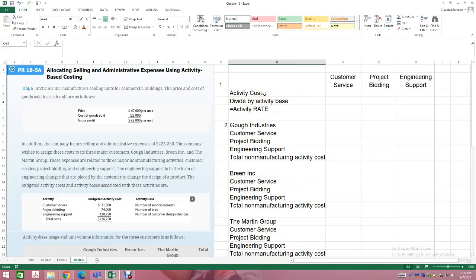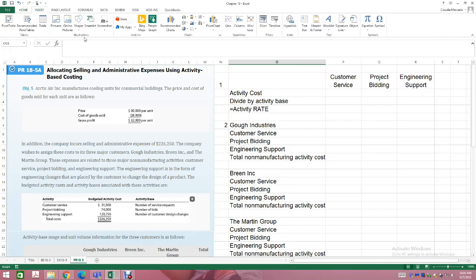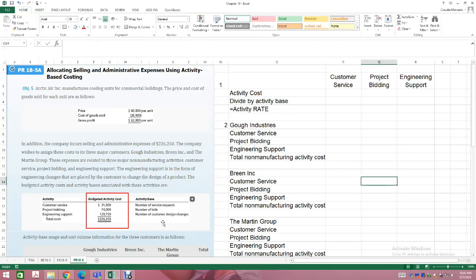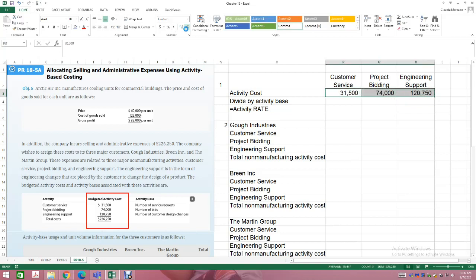Okay? So the activity cost was provided to you right here. Okay? That is our activity cost. So for my customer service, it's $31,500. For my project bidding, it's $74,000. And for my engineering support, it's $120,750. Now we're going to divide by the activity base.